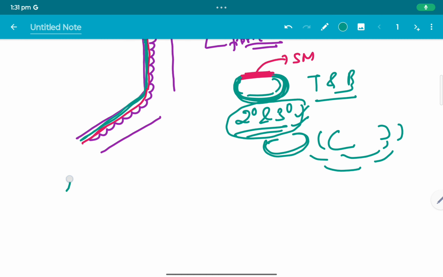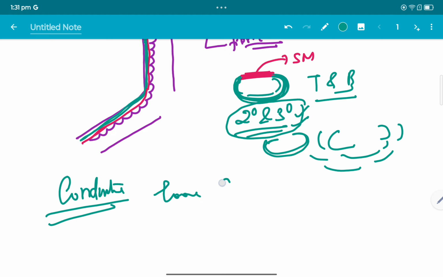One feature is that the conducting layer is surrounded, besides the cartilage, by an external loose connective tissue layer. This is the fibrous sheath and this is the loose connective tissue sheath, which is continuous with the connective tissue elements of the lung.